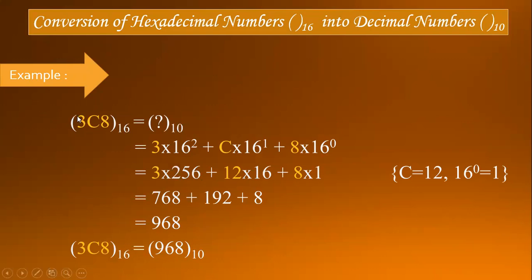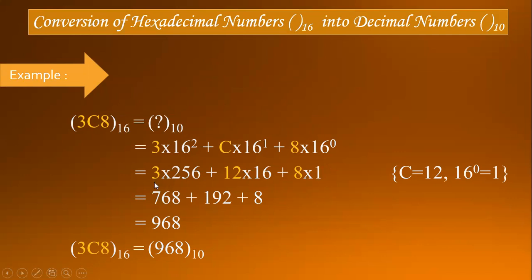Now record each digit 3, C, 8 and multiply it with the given base. Now putting the powers from right to left. Then we solve the powers and the given digit C. We know that C is equal to the decimal number 12. So we are recording 3 into 256 plus C, that means 12, into 16 plus 8 into 1, because 16 raised to 0 is equal to 1.